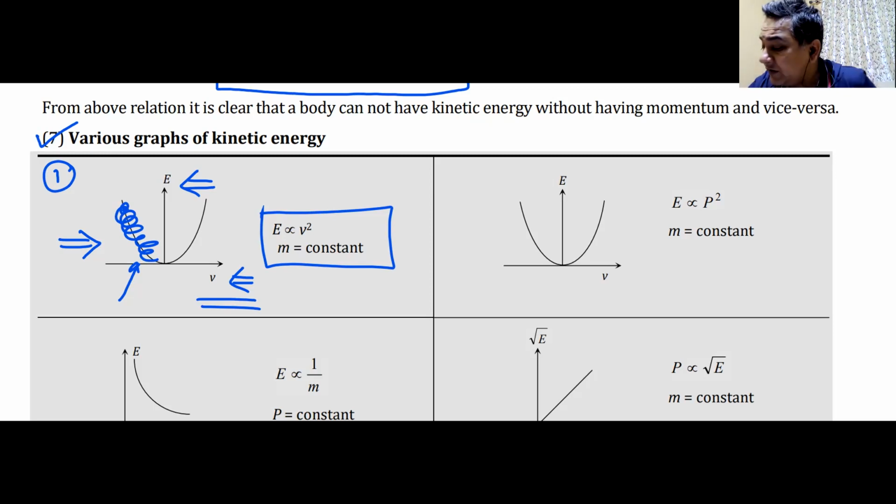So the graph will simply look like this. Negative velocity only refers to the direction, so the negative part is irrelevant here. The only part that you must understand is the positive part, which is this one. Do we understand this? You will have to draw this.